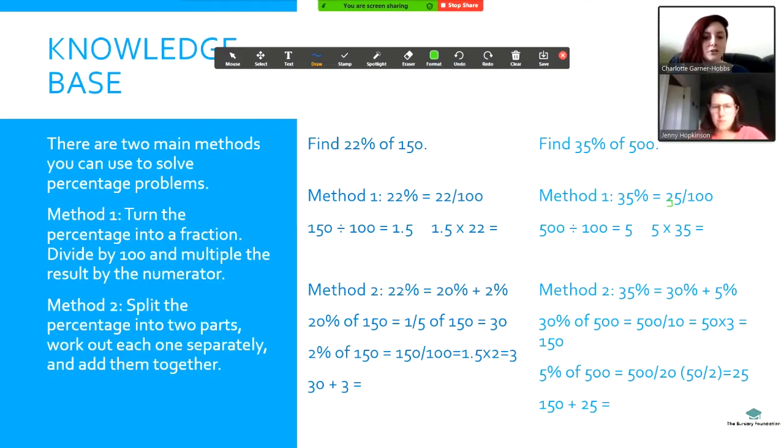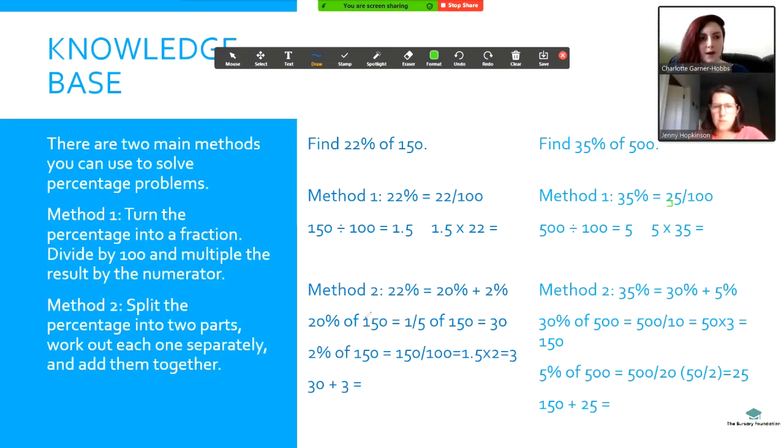So 22% would be the exact same thing as saying 20% add 2%. 20 plus 2 equals 22. Easy maths for us. So what I can then do is work out these two percentages separately and add the result together. For instance, 20% is a really nice, easy one to find.